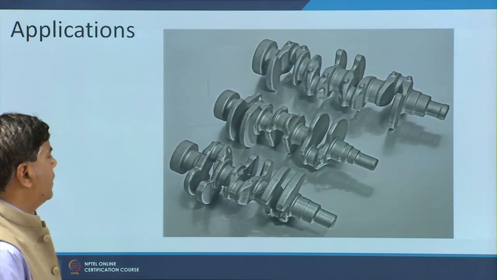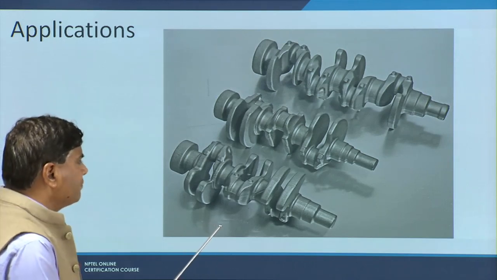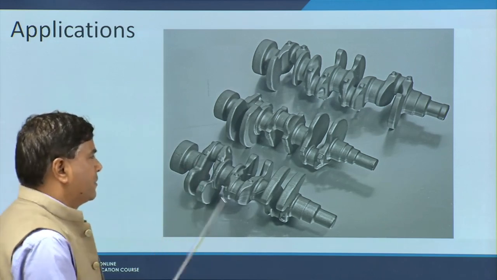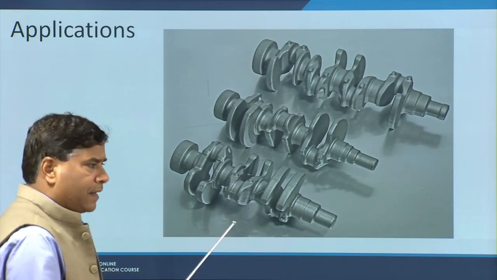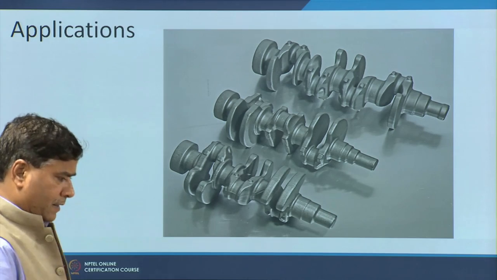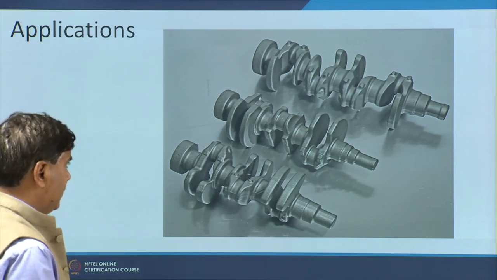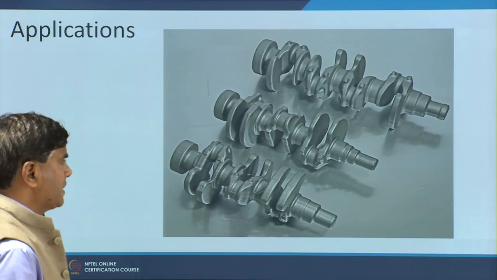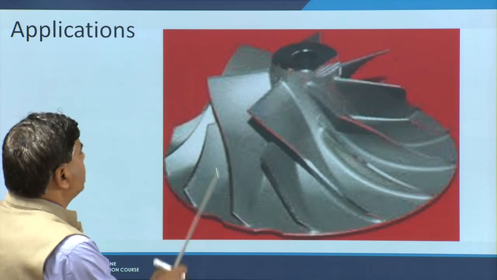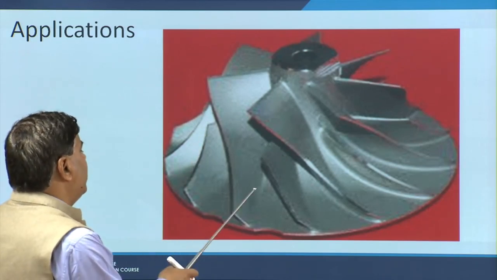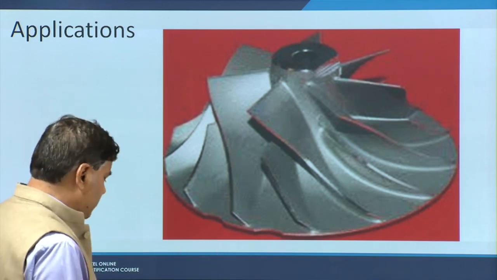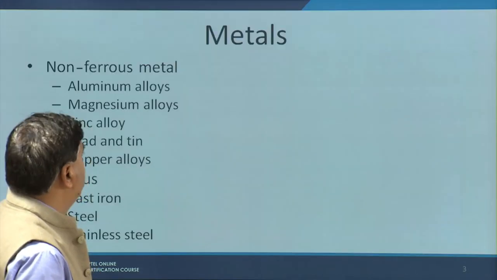Then this is the crankshaft, which is made through the casting route, subsequently machined, and then grinding is carried out in order to have the desired tolerance as well as surface finish. Another example is the further complex design of guide vanes or blades, which can be easily made using the casting process.